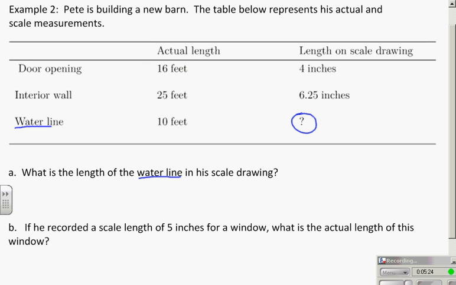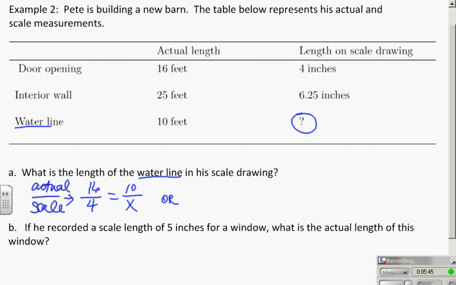So we can use either of these comparisons. So we can say 16 over 4. So in this case, I'm doing actual to scale would be equal to, my actual water line is 10. The scale is what I don't know.